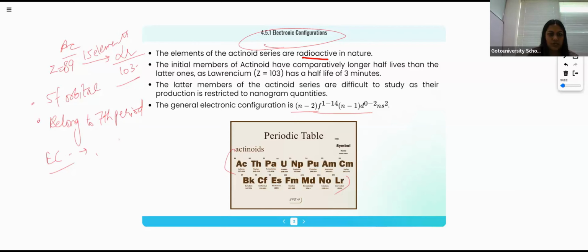Electronic configuration for actinides we write as 5f with 1 to 14 electrons, then 6d with 0 to 1 electrons, and 7s2 orbital.